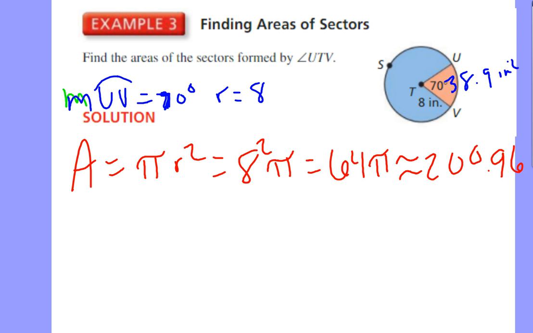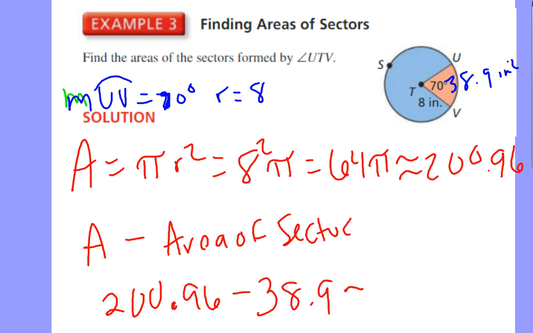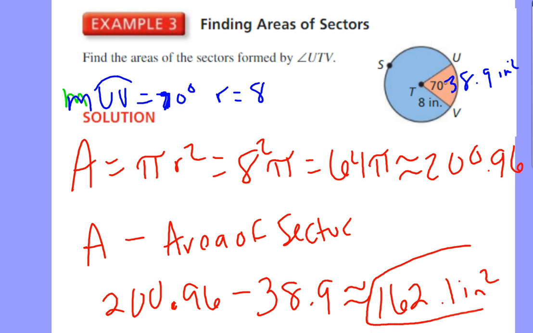Then I want to take the whole area minus the area of the sector, which would be 200.96 minus 38.9, which is roughly about 162.1 inches squared. And that would be the area of that particular sector.